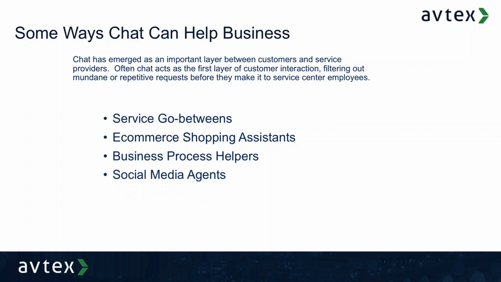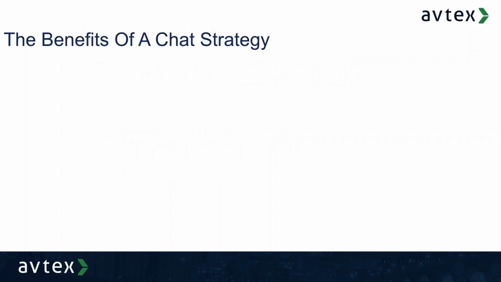Also, they can serve as social media agents. So just another tool in a company's social media arsenal for reaching customers and getting interactions with customers in new and interesting ways. And we will see that the importance of this is increasing significantly a little bit later on in this presentation.